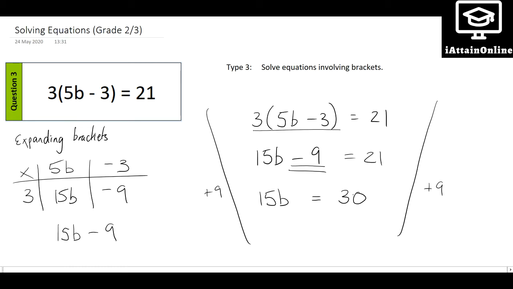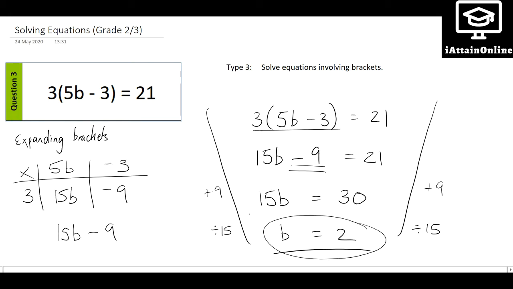So now this means 15 lots of b, 15 times b equals 30. So I'm just going to divide both sides by 15. So we're asking ourselves how many 15s go into 30, and that is 2. So that's our answer. Again, you could always check this following the rules of BIDMAS. If b was 2, you'd have to do what was in the brackets first.